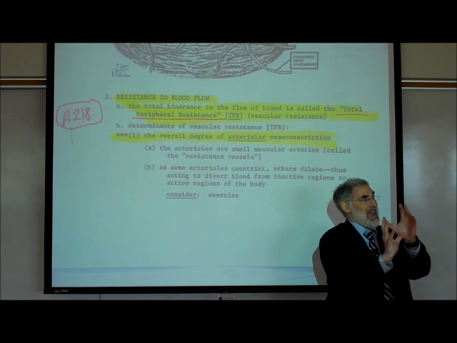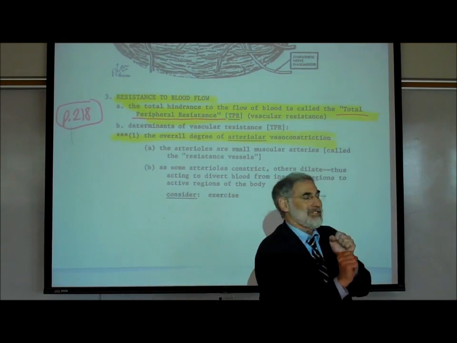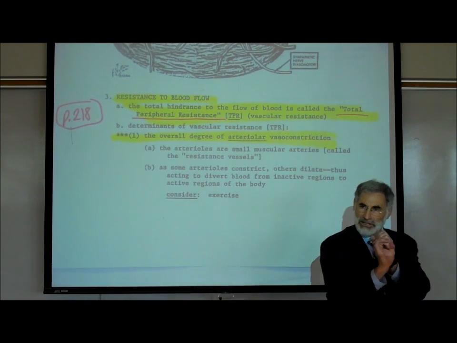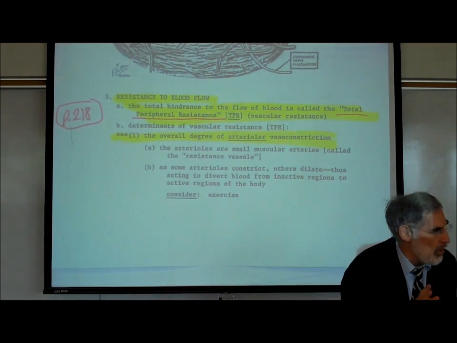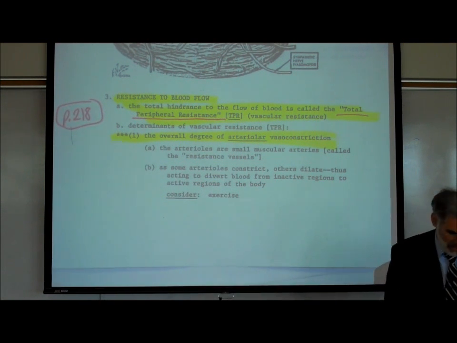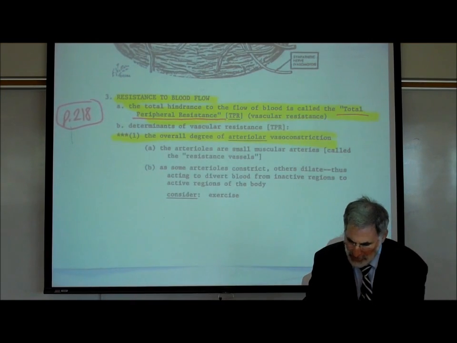So therefore they can't constrict or dilate. So the important arteries that constrict or dilate are the small arteries called arterioles. They have the visceral smooth muscle that is innervated by autonomic motor neurons that can be caused to constrict or dilate.